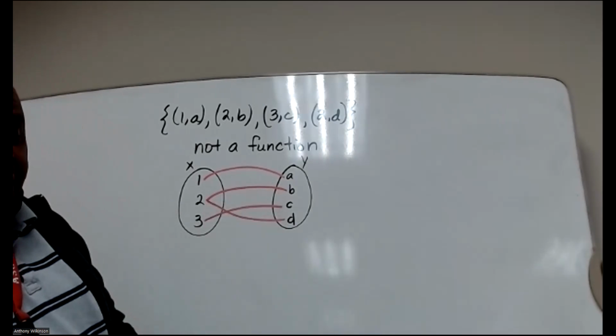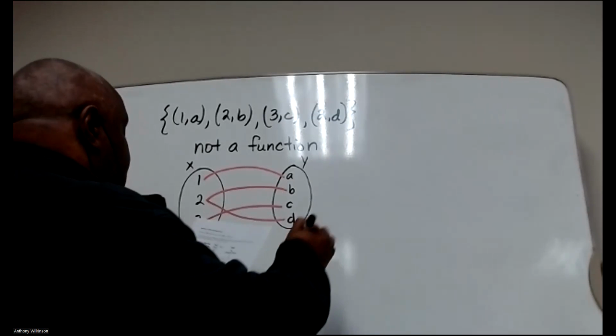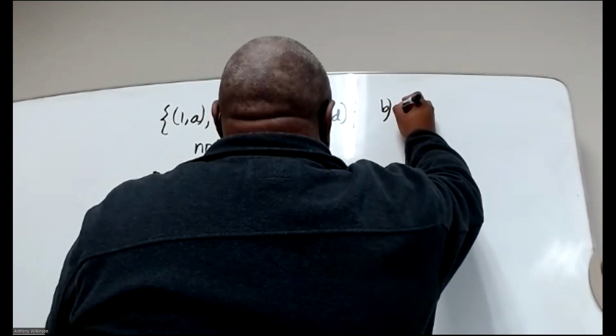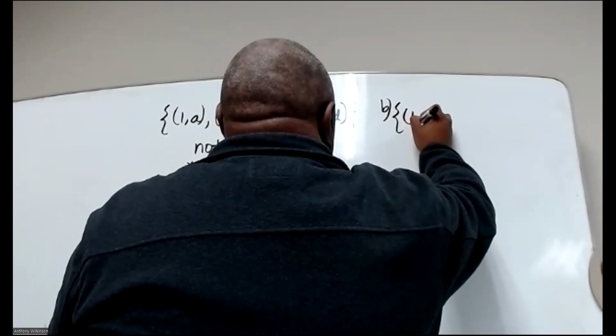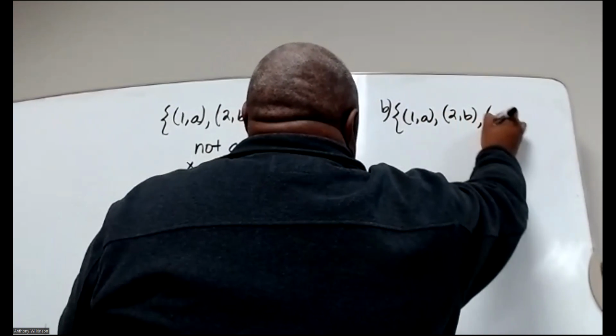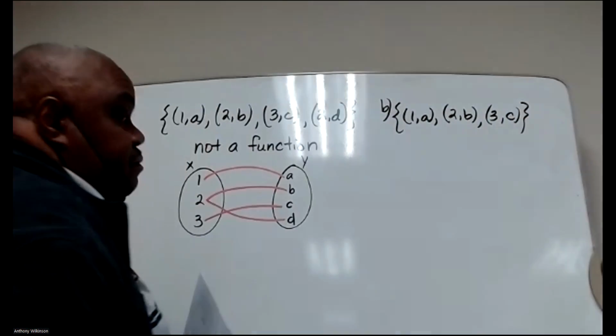All right, questions on part A? All right, part B looks like this. 1 comma A, 2 comma B, and then 3 comma C. Now, would that be a function? Yes.